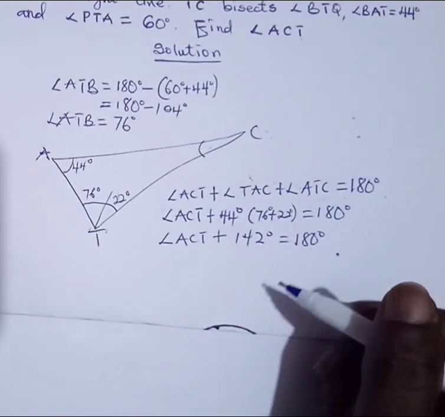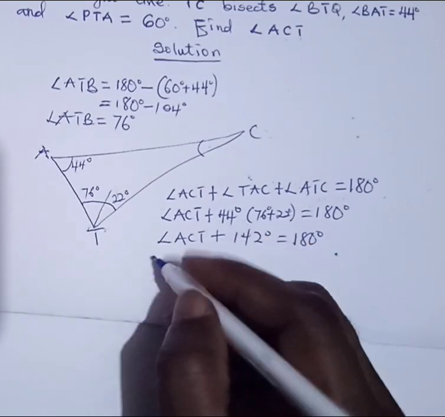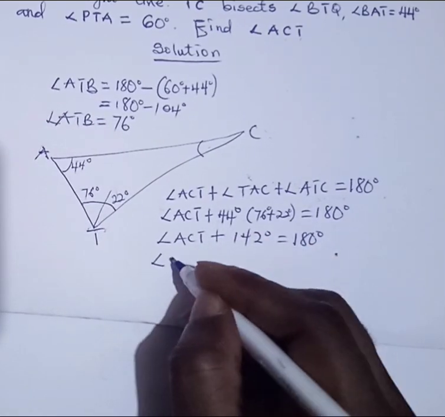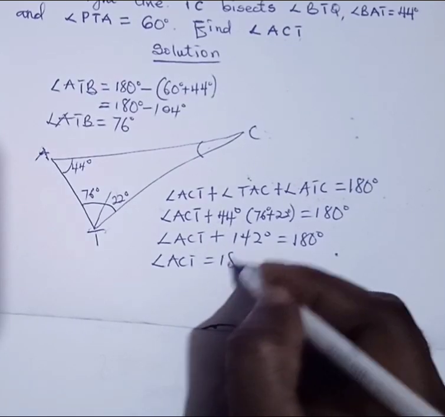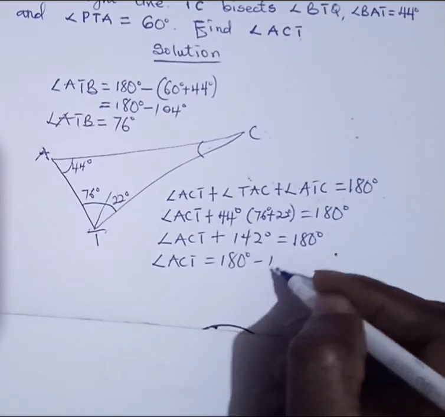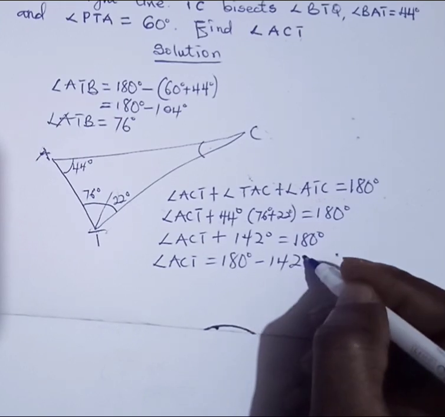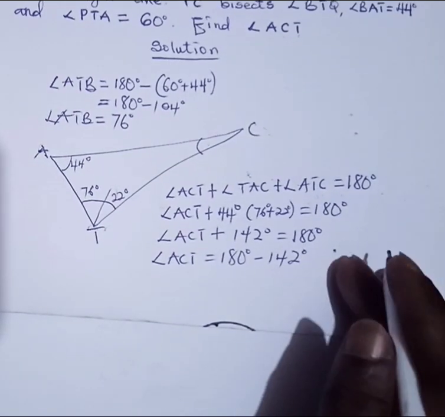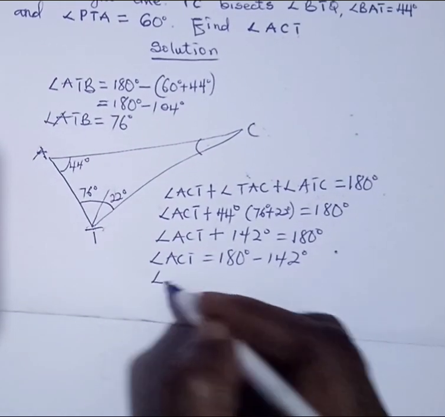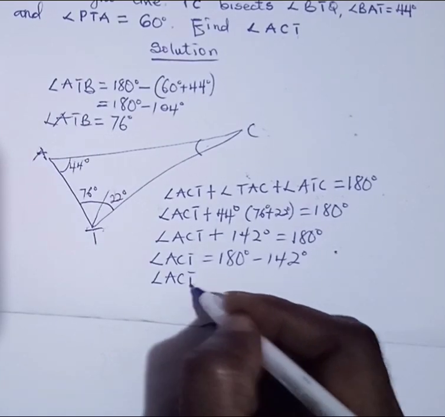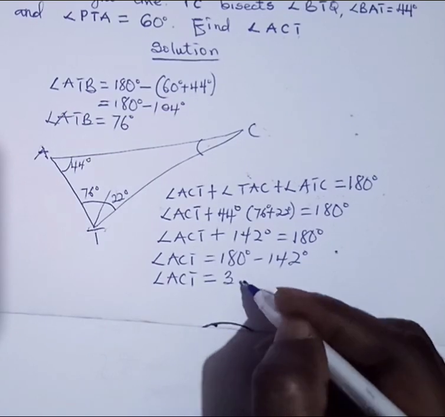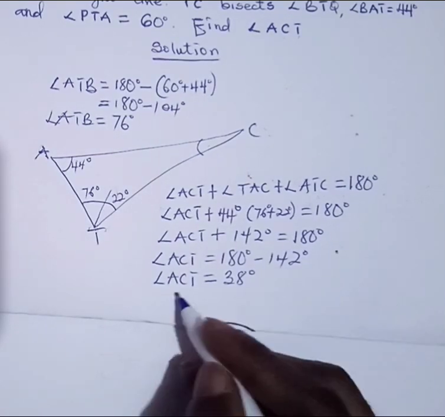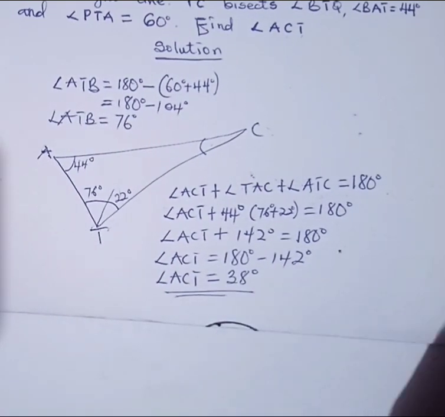If we find the additive inverse, then it means that we are getting here as angle ACT, which is equal to 180 degrees minus 142 degrees. Therefore, we get angle ACT as 38 degrees. So this answers the entire question.